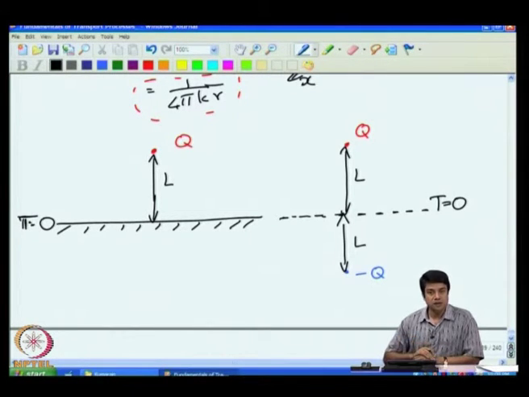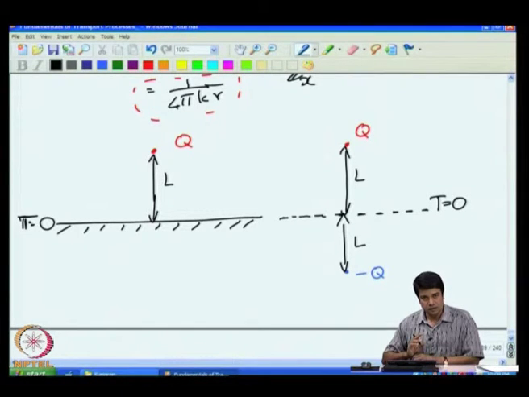So, the boundary condition at the plane of symmetry in this second configuration with one source and one sink is identical to the boundary condition at the wall in the first configuration, which has only a source.